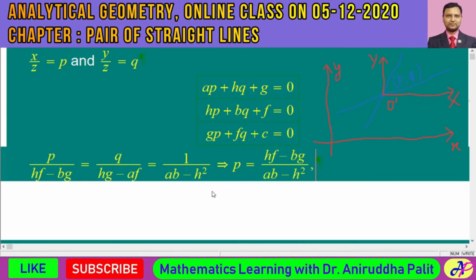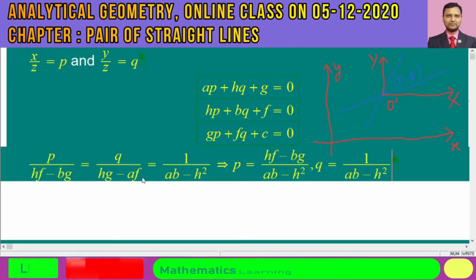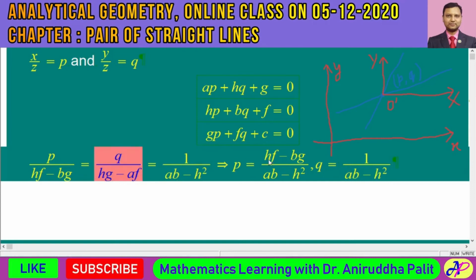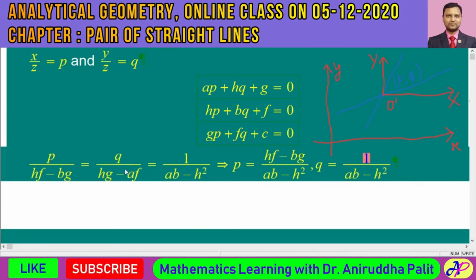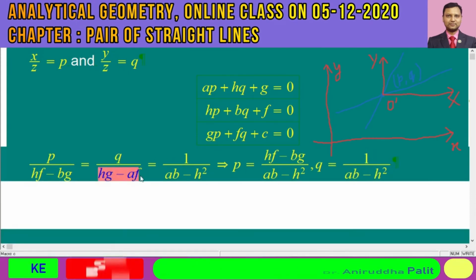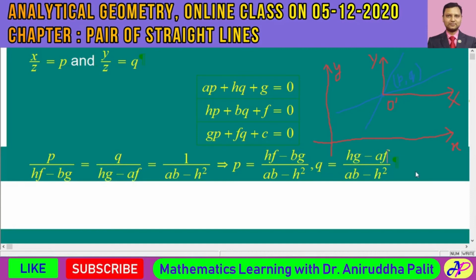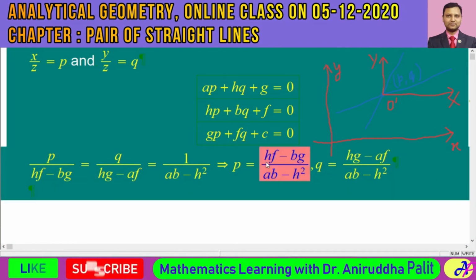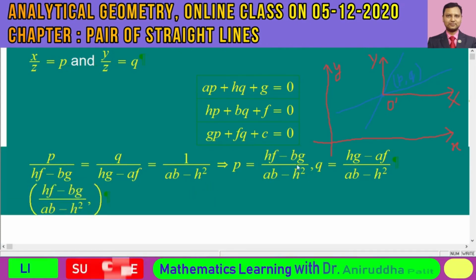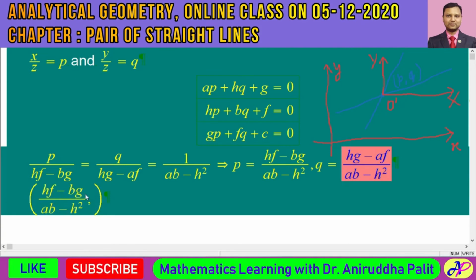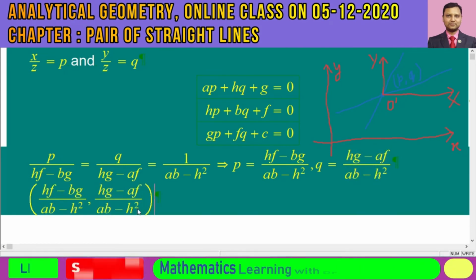And what is q? q should be equal to this kind of expression, hg minus af divided by ab minus h square. So these two expressions are the coordinates of the point of intersection of the straight lines.